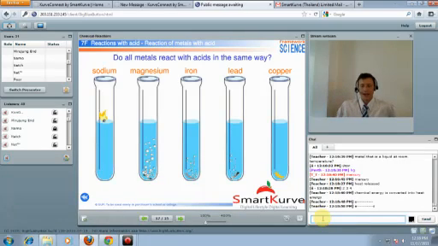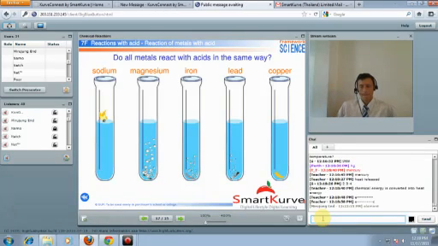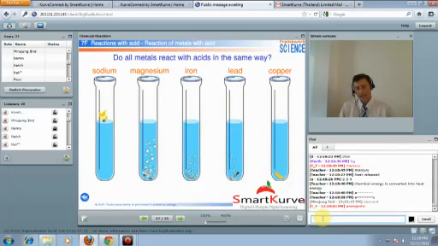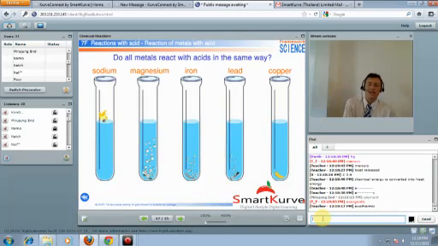Ends with a C. No? What type of reaction? When sodium reacts with an acid? Energetic. The word I'm looking for is exothermic.